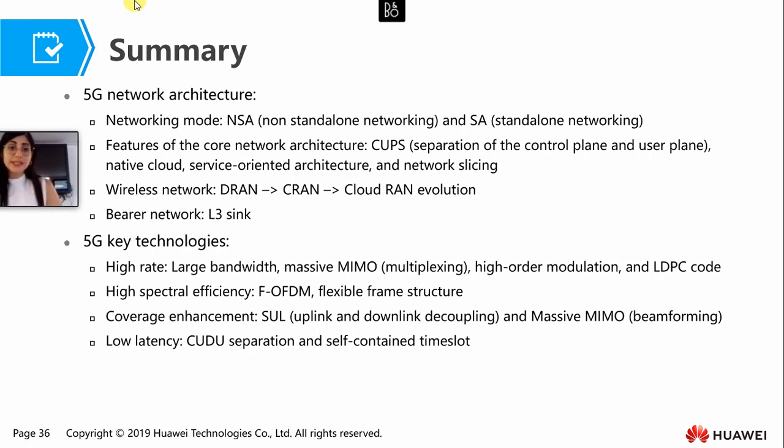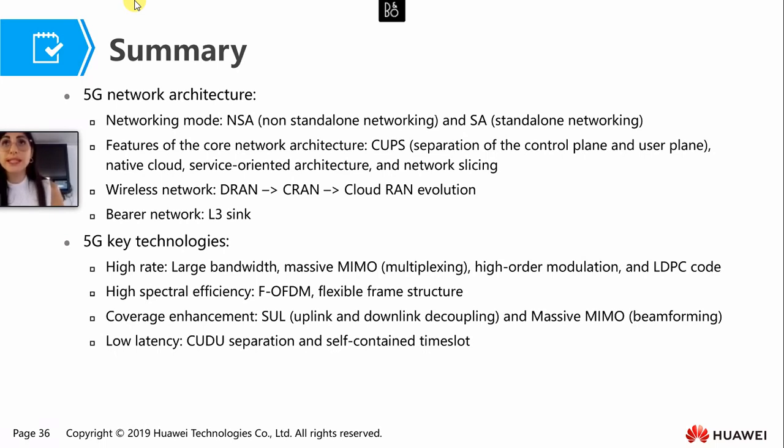Then on the air interface, we saw how to increase the throughput, how to increase the rate, and we can do it by using larger bandwidth with respect to the preceding technology. We can use massive MIMO, so multiple transmitters and receivers. We use higher order modulation, and we use new coding schemes.